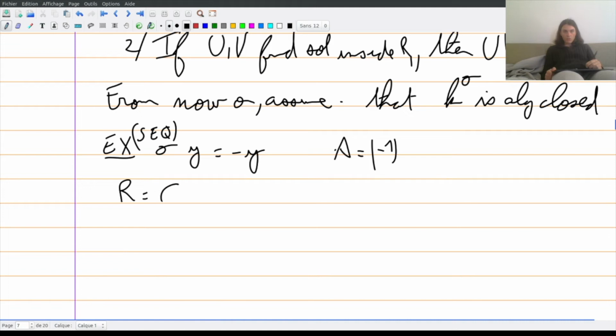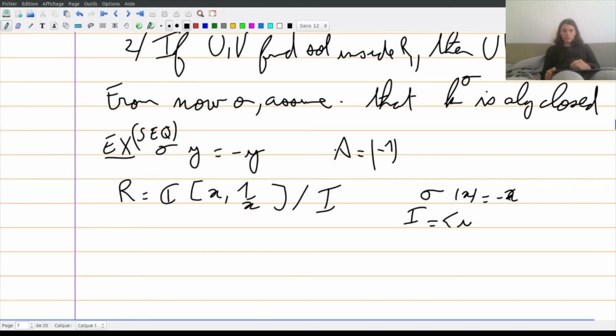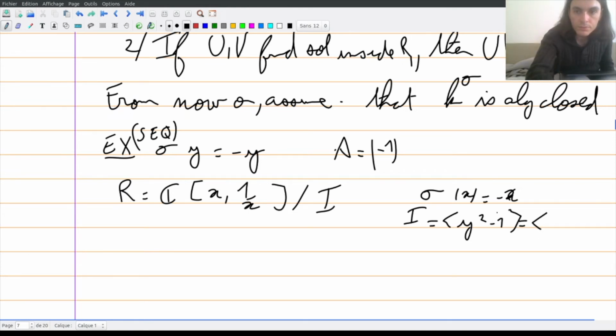And so it's quite natural to take this ring, so sigma of x equals minus x, so you want to have a solution, and you want a maximal ideal. So I take I. Sorry, it's not y square, it's x square.